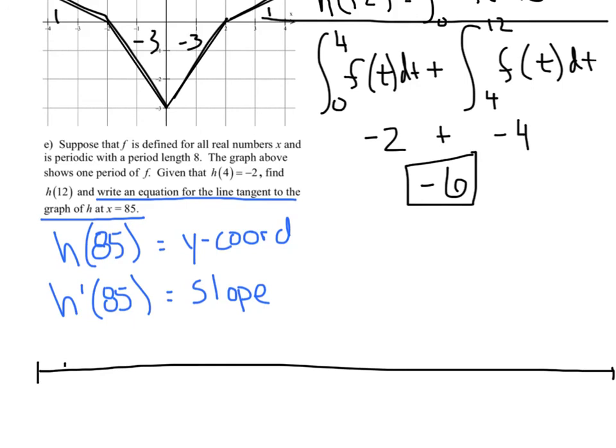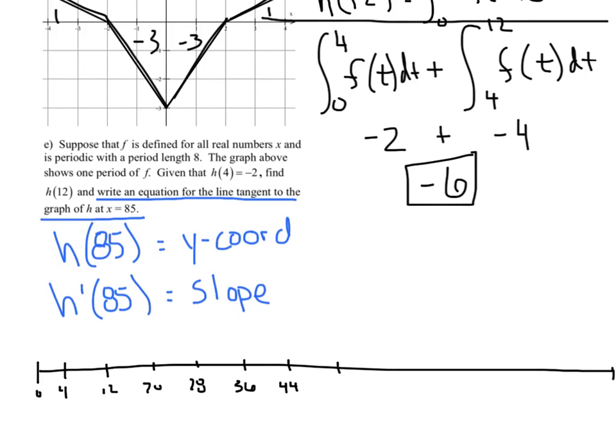So from 0 to 4, we see half of a cycle. Then from 4 to 12, we see another cycle. From 12 to 20. From 20 to 28, and I know this is a slow process and you're probably laughing at me, but I think it's the best way to visualize what's happening to this function.